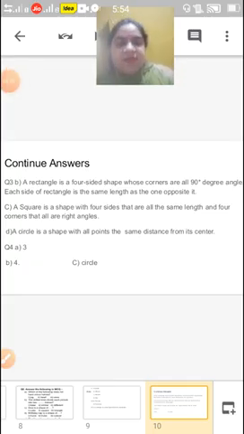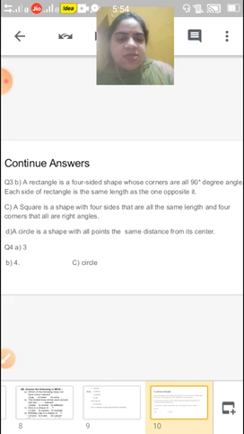A rectangle is a four-sided shape whose corners are all 90-degree angles. Each side of a rectangle is the same length as the one opposite it. A square is a shape with four sides that are all the same length and four corners that are all right angles.